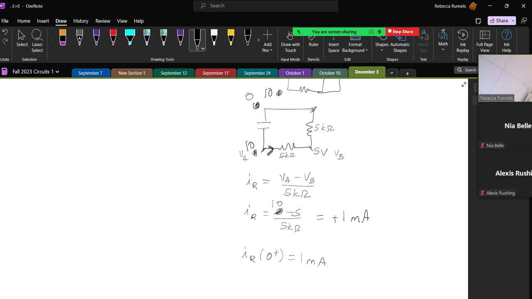Alright, so that was part B. Now part C says find IR of t for t greater than 0.